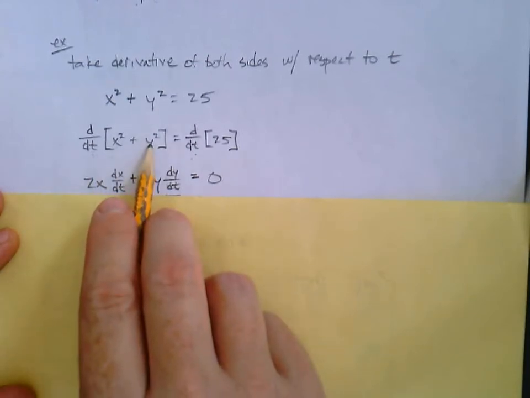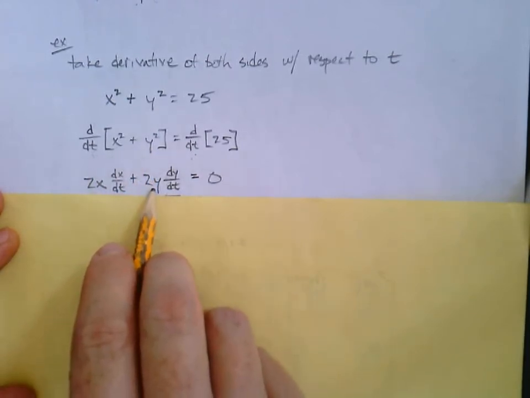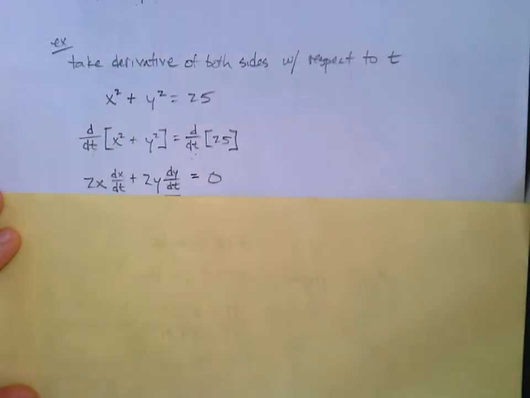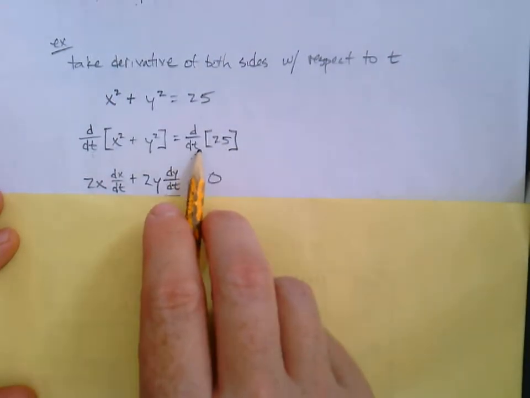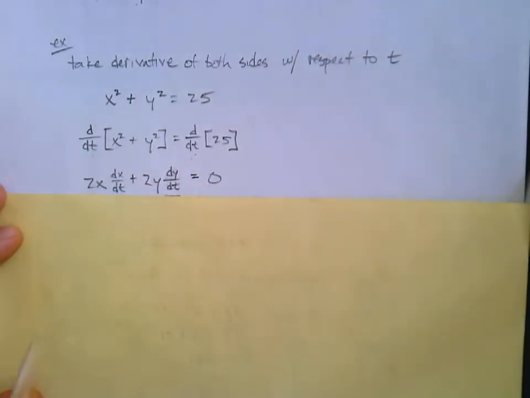Plus y squared, well, that derivative is 2y times dy over dt. Because again, the variables are different. And it equals, well, in this case, it doesn't matter what the variable is, the derivative of a constant is 0. So we've got kind of the next level of implicit differentiation that we'll need to use in this section.